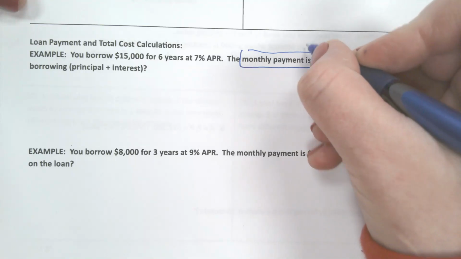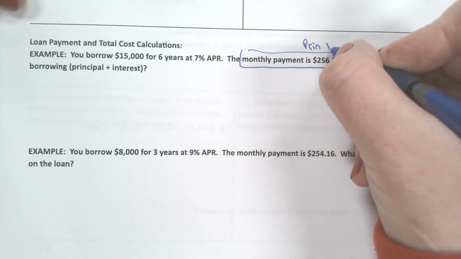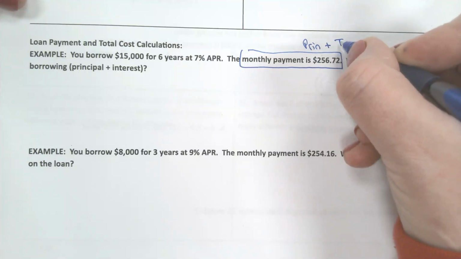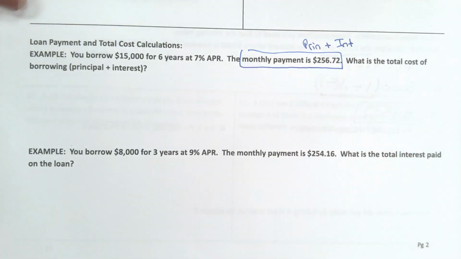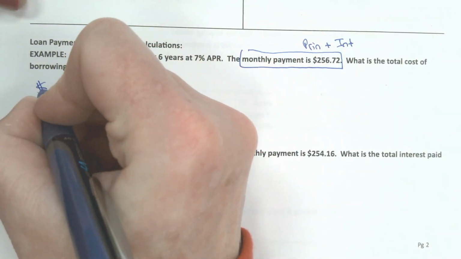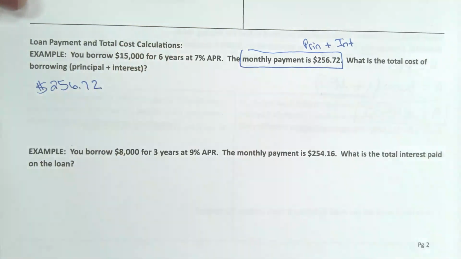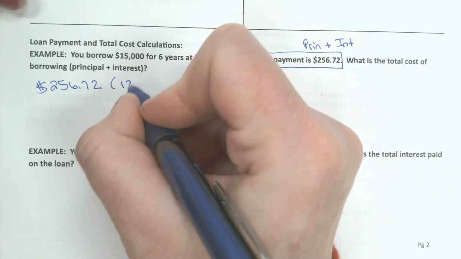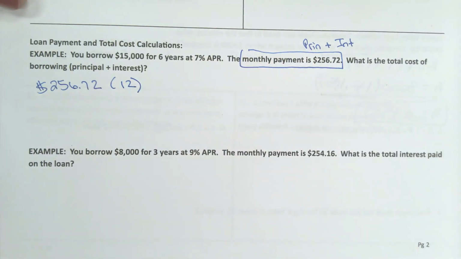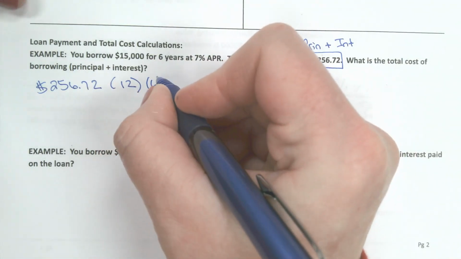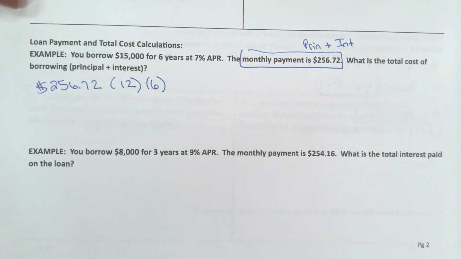When you make a payment every month, this amount consists of both principal and interest. So I paid back $256.72 every single month. That's why I'm multiplying by 12 for 6 years. 256.72 times 12 times 6.